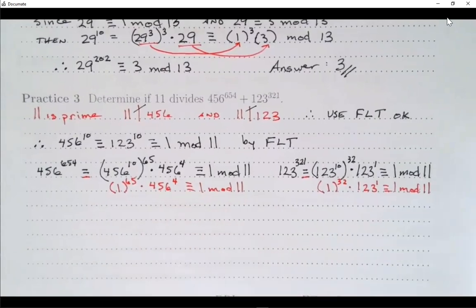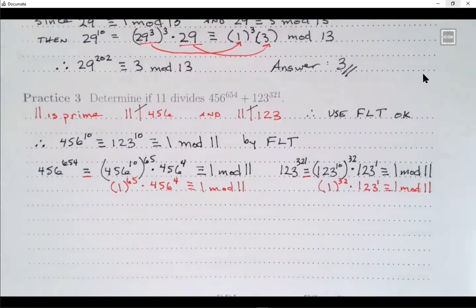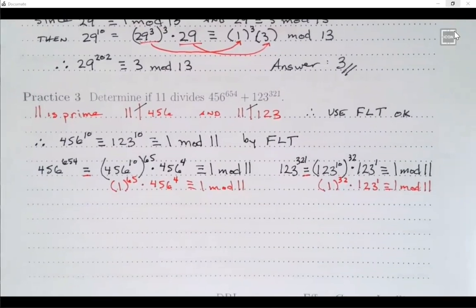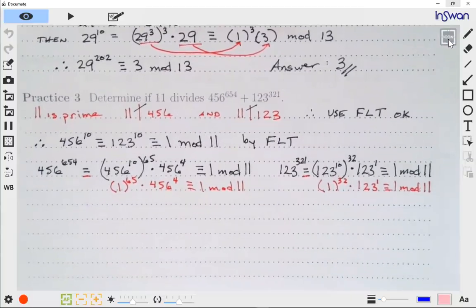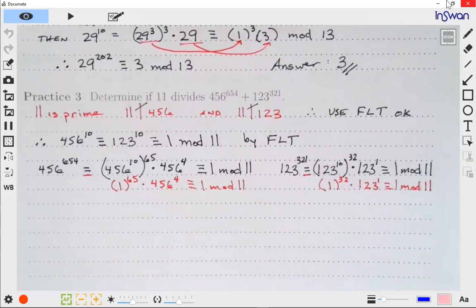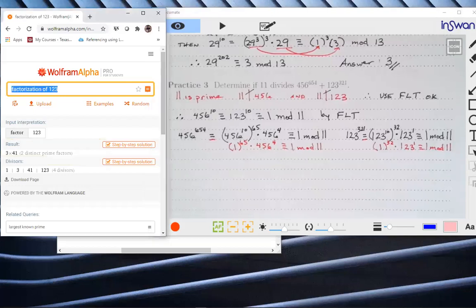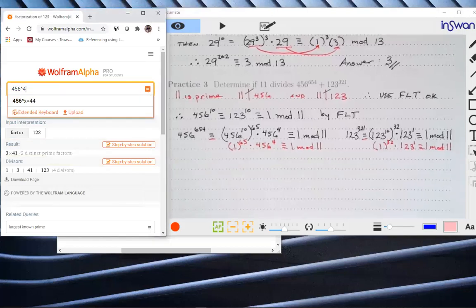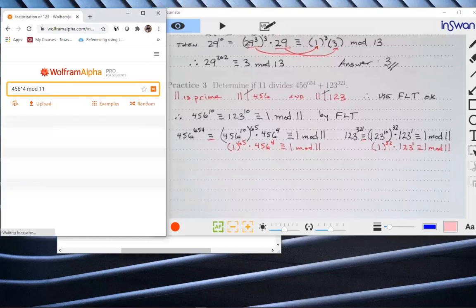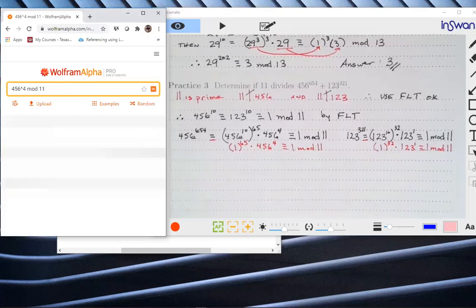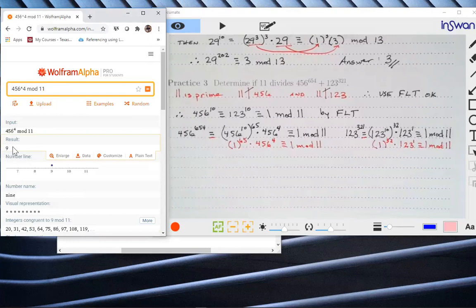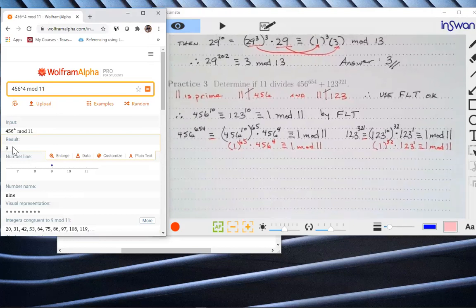Well, we could come over and adjust our information over here, and say, well, let's see here. What is 456 raised to the 4th power mod 11? All right, 456 raised to the 4th power mod 11 is 9.